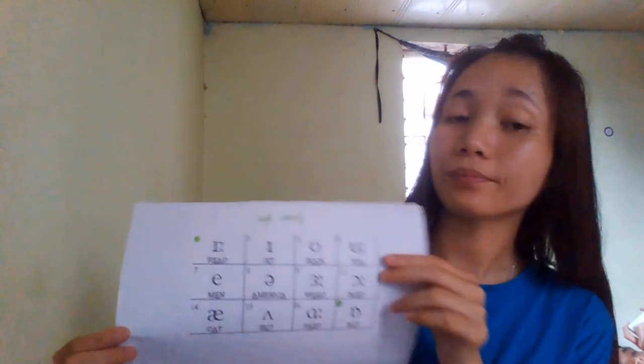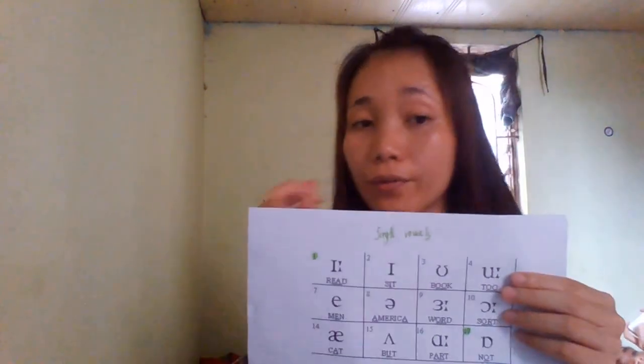So with this vowel, you need to open the mouth a little bit, then the front of the tongue close to the lower teeth, and make the voice for about two seconds.